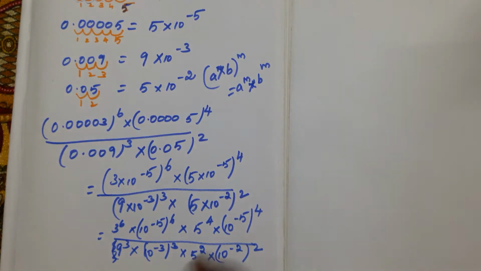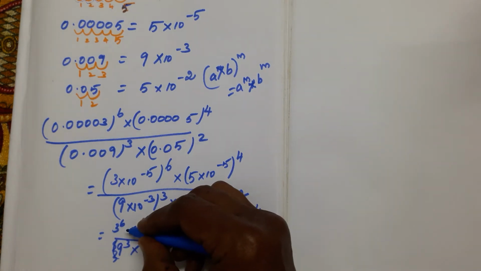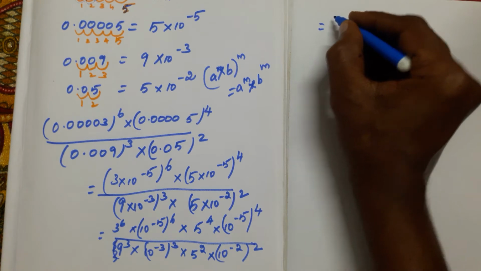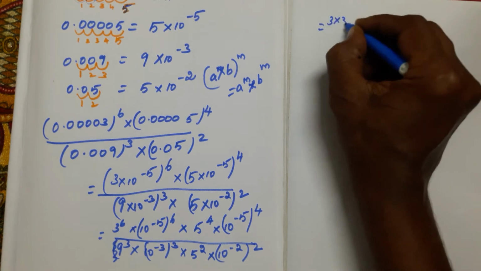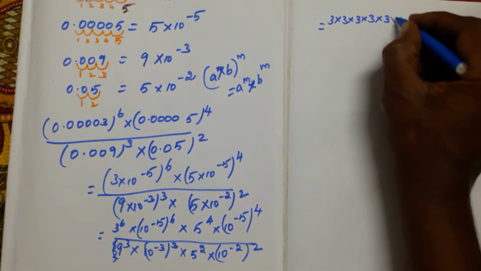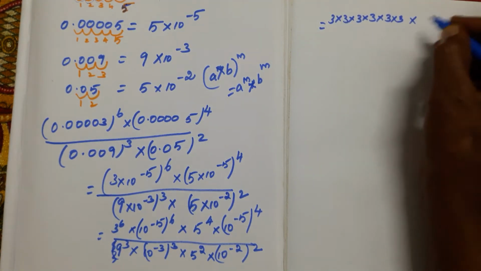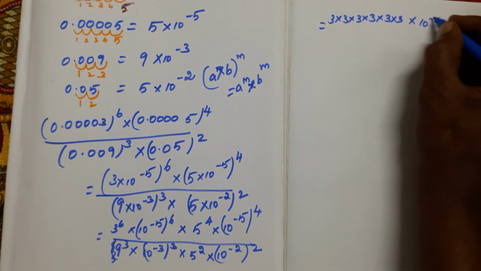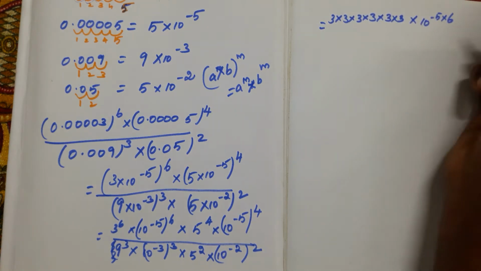Now what's the value of 3 power 6? 3 power 6 means 3 into 3 into 3 into 3 into 3 into 3. (10 power minus 5) the whole power 6 means 10 power minus 5 into 6.